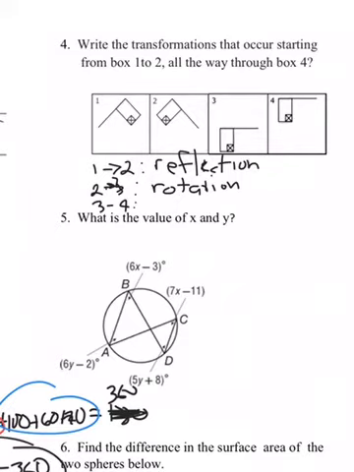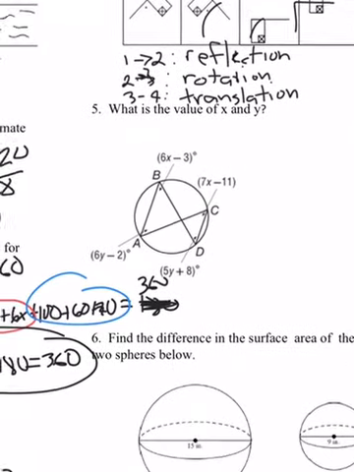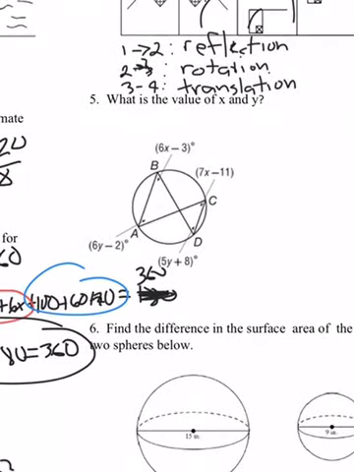And from 3 to 4, that's a translation. Right, so this one reflects over, then it rotates down to this, and then it moves up and over. Don't need to have specific numbers because you're not on a graph, so there's no way you'd be able to tell.